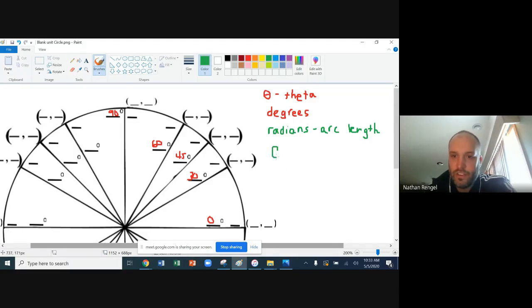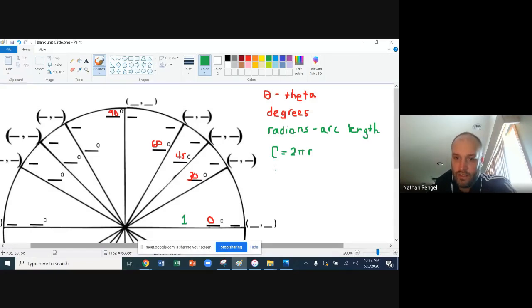The circumference of a circle is going to equal 2 times pi times the radius. And more specifically for our unit circle, it's called a unit circle because its radius is going to be 1. So all the way around that circle, its radius is 1. That's why it's called the unit circle.